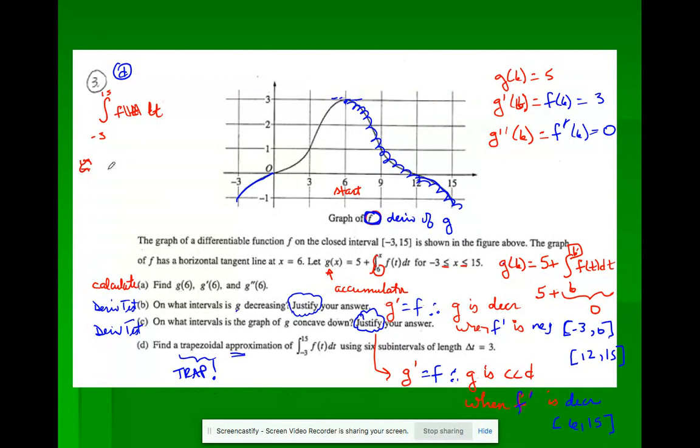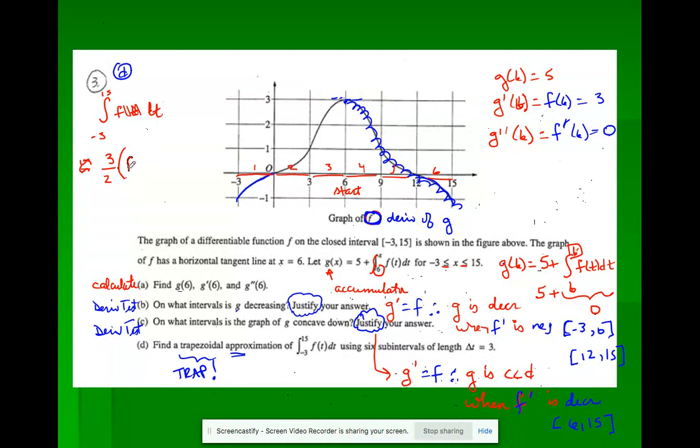So remember, the trapezoidal rule is delta t times a half, and notice that each one of these subintervals, that's a 3, 3, So I have 1, 2, 3, 4, 5, 6 trapezoids.